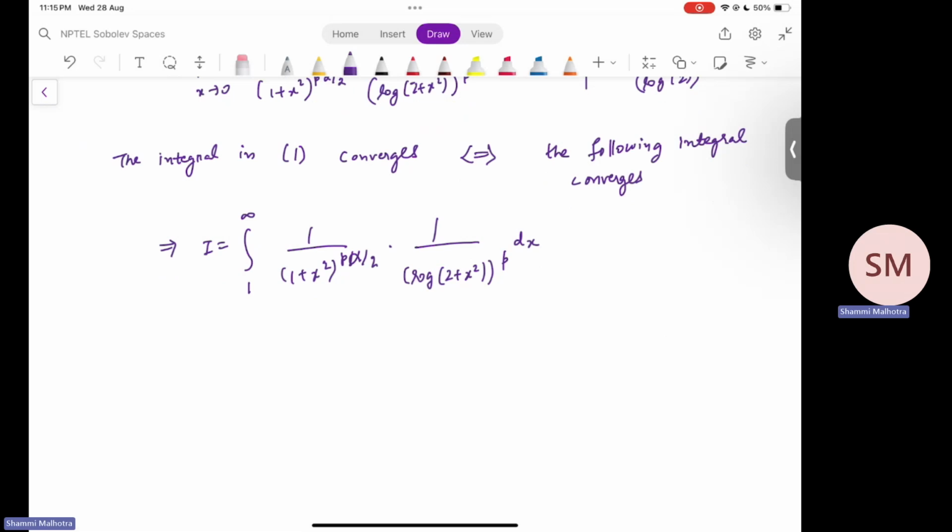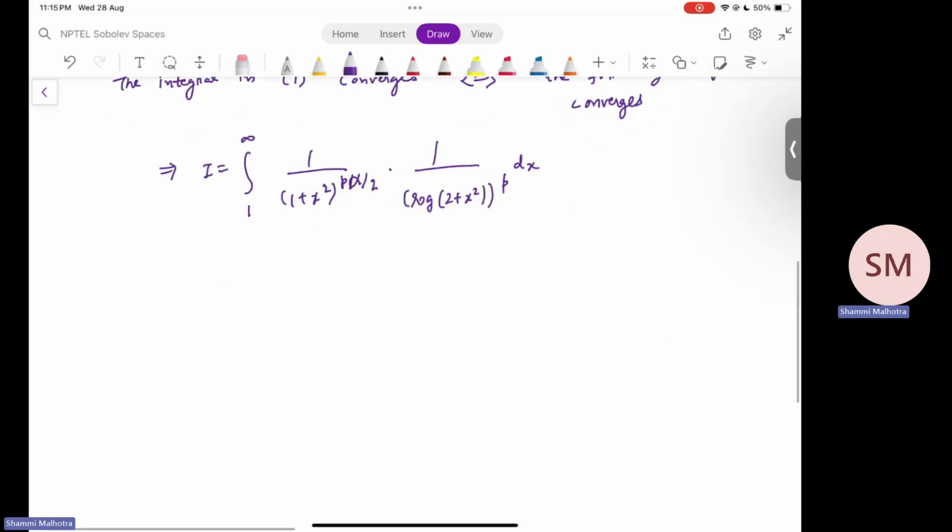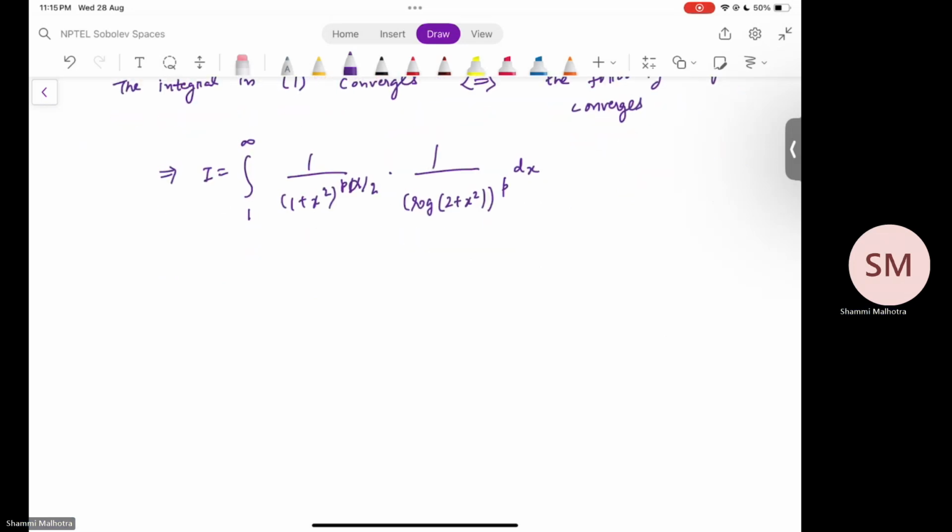Now to evaluate this integral, let us have a change of variable. So we can assume this log of 2 plus x square to be t, then 1 upon 2 plus x square, 2x dx will be equal to dt.